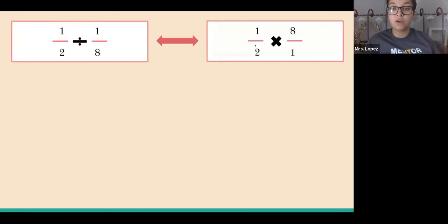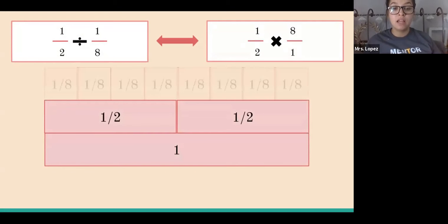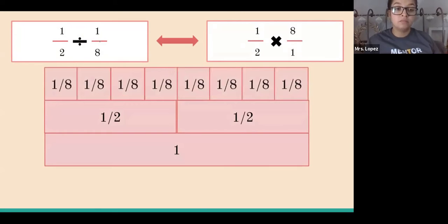So we're leaving the first one, we're changing division to multiplication, and we're going to flip the fraction to its reciprocal. So we have 1/2, and this is our halves and our 1/8. So it's saying how many 1/8 go into half of the whole. So with this being said, this is half the kilometer and this is 1/8 of the kilometer.